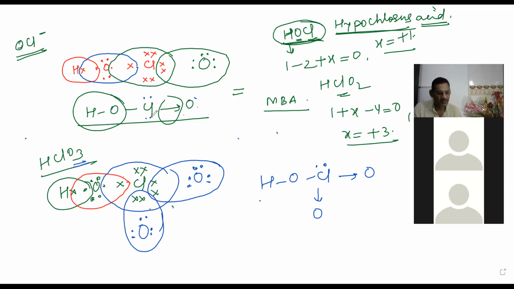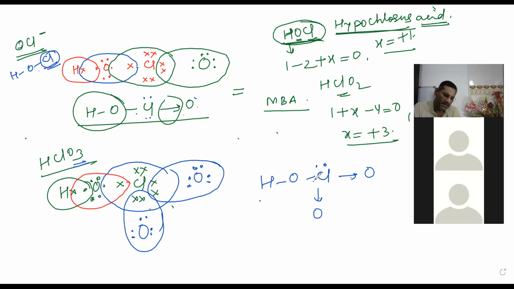So in this way you can draw all these structures. Here see, Mesha, what I told you. In HOCl, what will be the valency of Cl here? That is 1. Here it is 2 and 1, 3. Here it is 2, 4 and 1, 5.